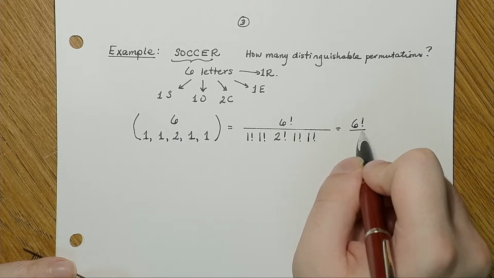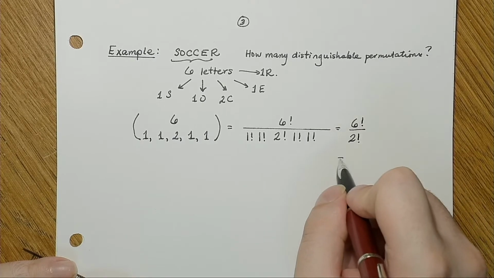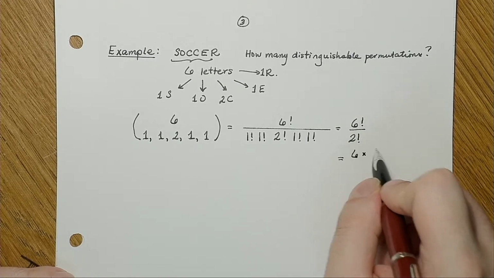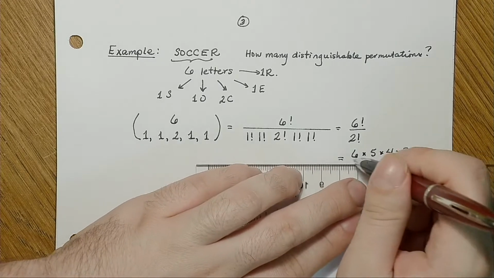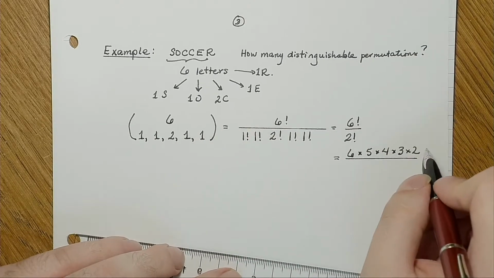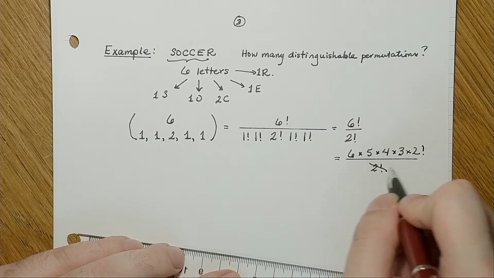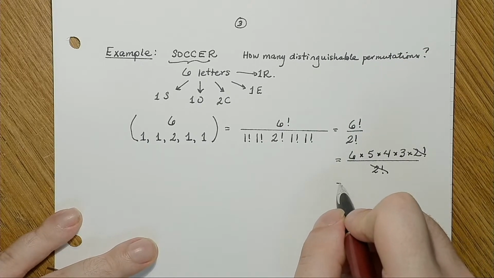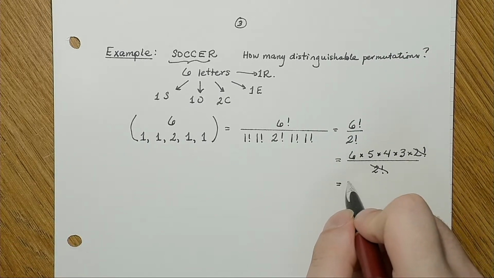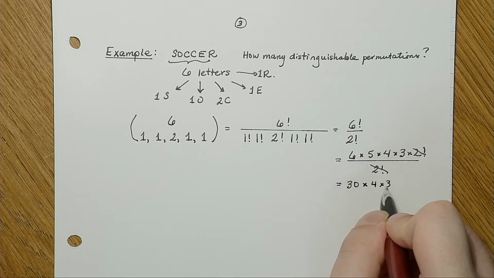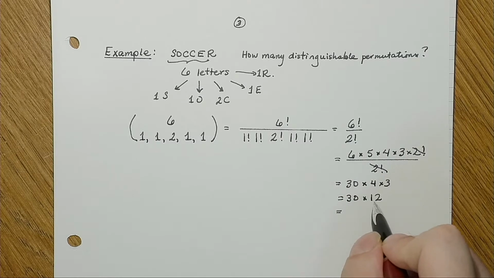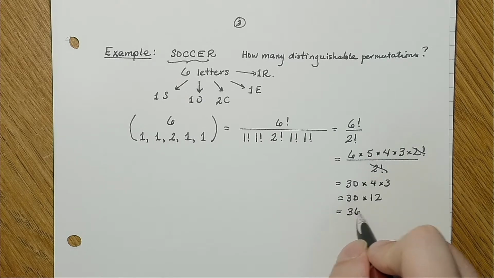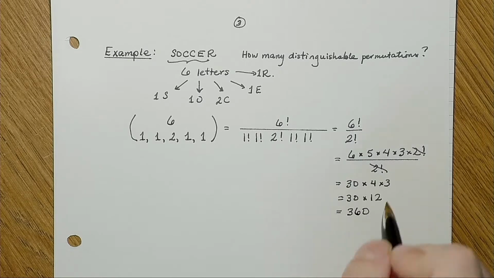So really that's 6 factorial over 2 factorial. So we can cancel that, so that I'm left with 6 times 5 is 30, times 4 times 3. So that's 30 times 12. So 12 times 3 is 36 times the 0, my 0 for my placeholder, so I have 360.